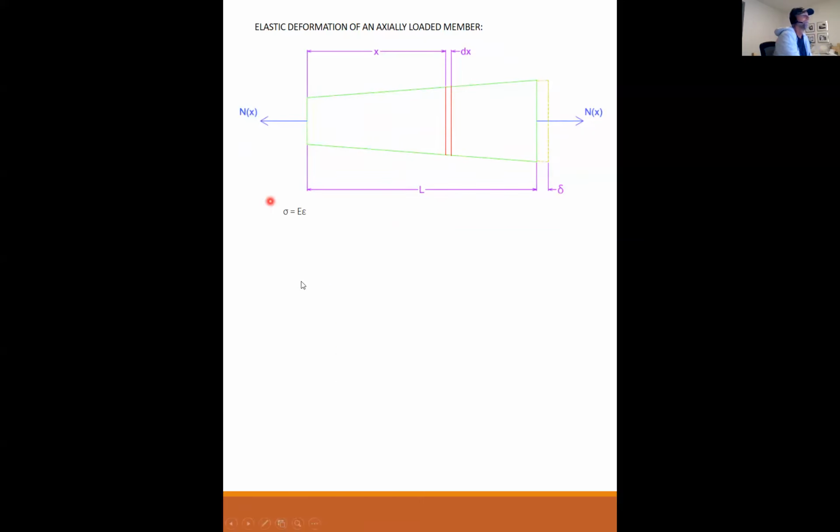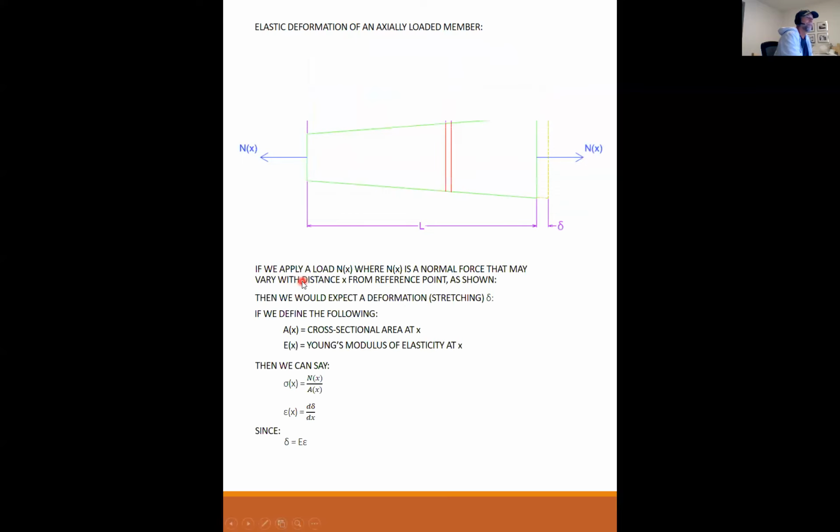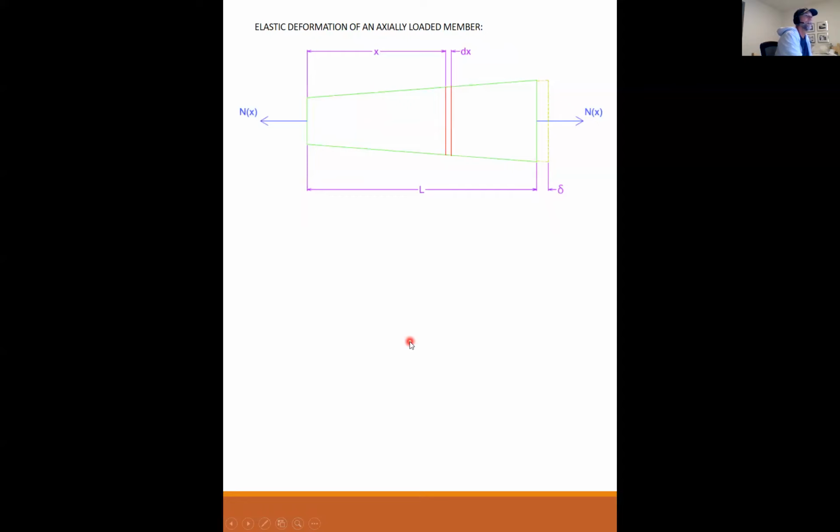That was the wrong symbol. Sorry, everybody. This is Hooke's law. Slide 52. All right, sorry, everybody. This is sigma. So when I go here, that's going to be the right symbol.